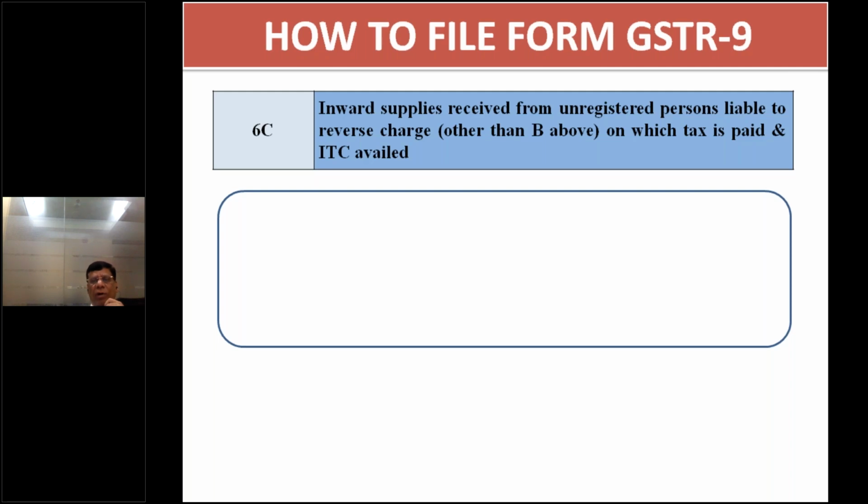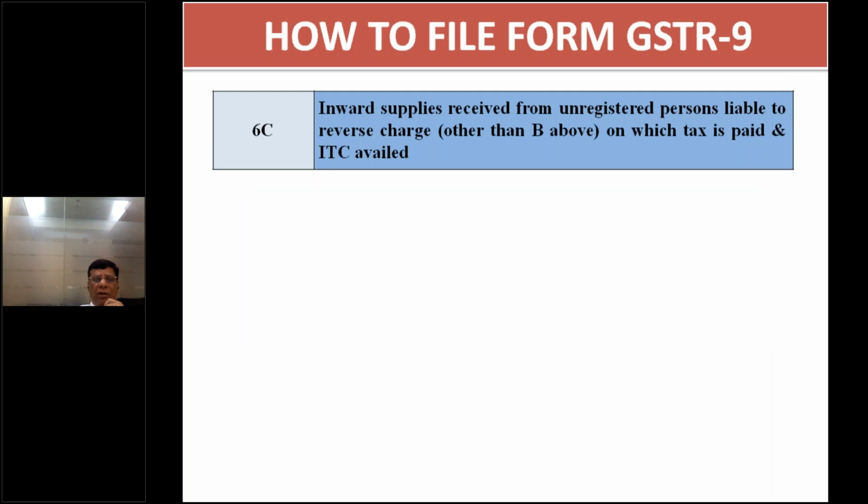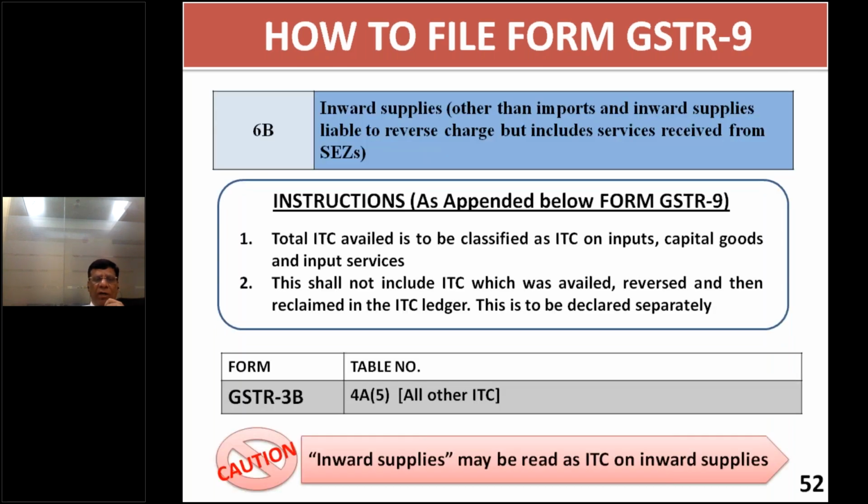Inward supplies received from unregistered persons liable to reverse charge other than B above, on which tax is paid and ITC availed. We see now in the earlier table we are saying inward supplies other than imports and inward supplies liable to reverse charge but include supplies received from such.